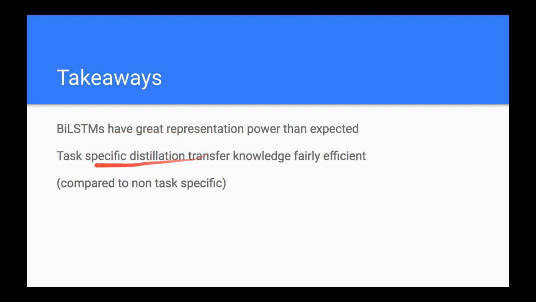And the task-specific distillation is fairly efficient, because we don't need to let a teacher teach students over a lot of corpus, over the whole Wikipedia. We don't have to. We just need a very small, specific annotated dataset, and we augment the data a little bit. Then we just let the teacher teach the student.